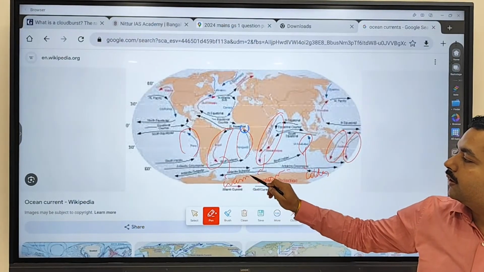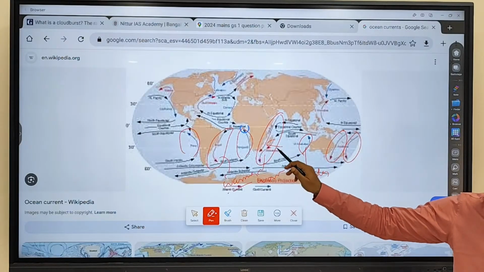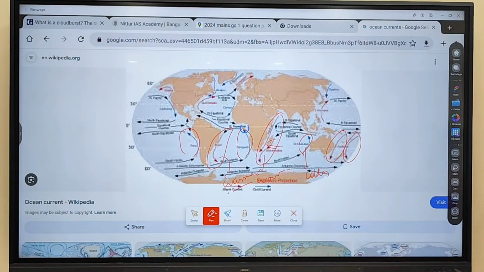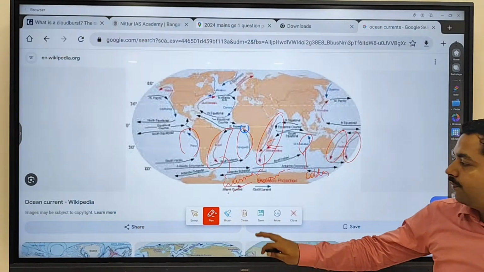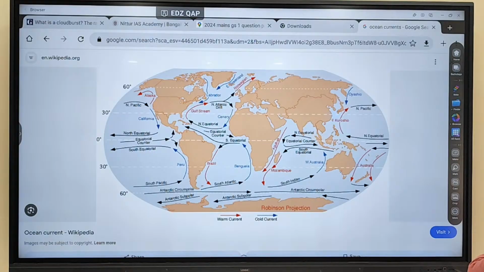Warmer current. Clear? So you'll find always on the eastern side which type of currents are there? Warmer currents are there. And you require which type of temperature? So now you can see.